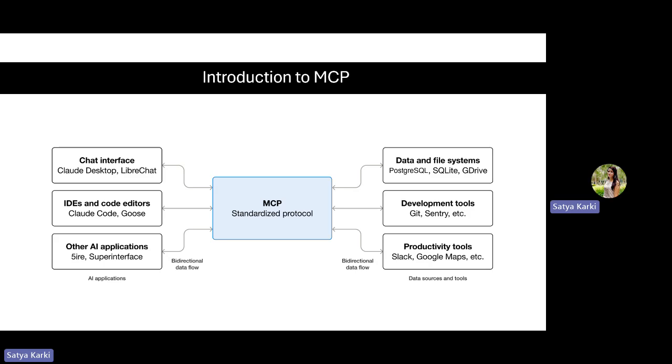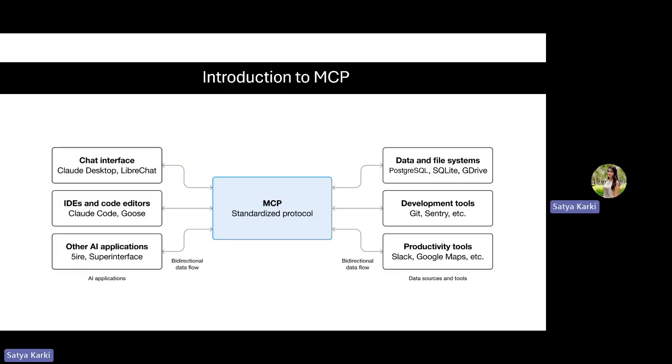They can also integrate and call the backend systems through MCP. And other AI applications, or other custom applications, can communicate with the backend systems through MCP, through the standardized protocol.